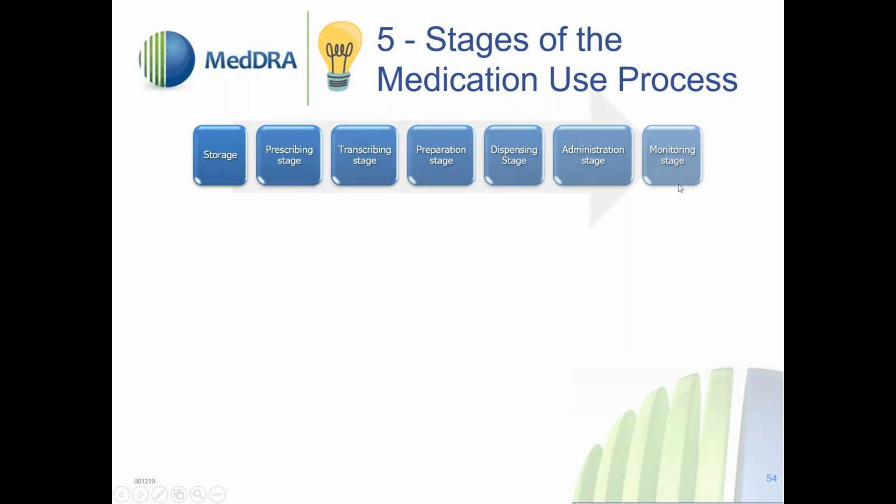One of the principal MedDRA coding rules, code as specifically as possible, capturing the full information of what has been reported, also applies to coding of medication errors, meaning that if a specific error is reported that occurred at a specific stage of the medication use process, we should capture the full information, the type of error, and the stage where it occurred.